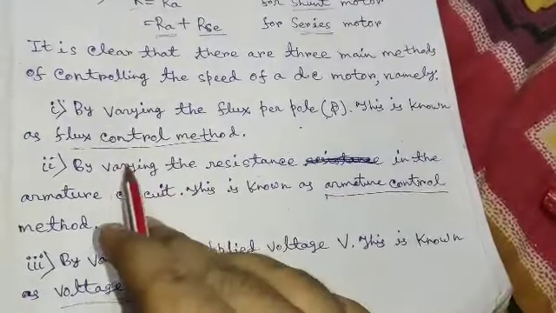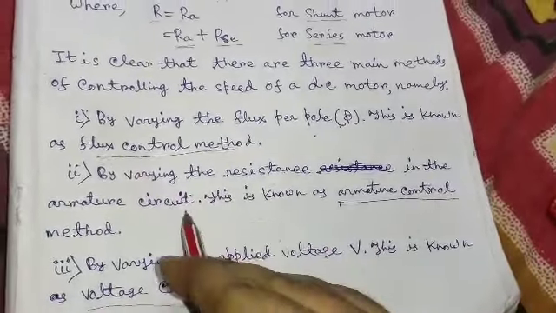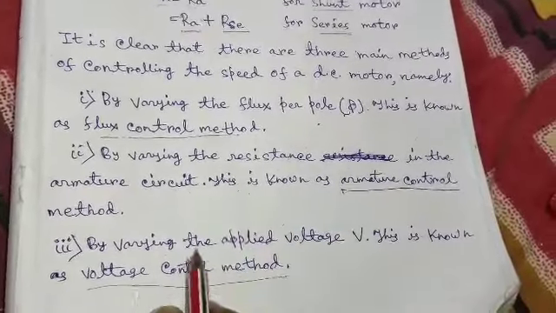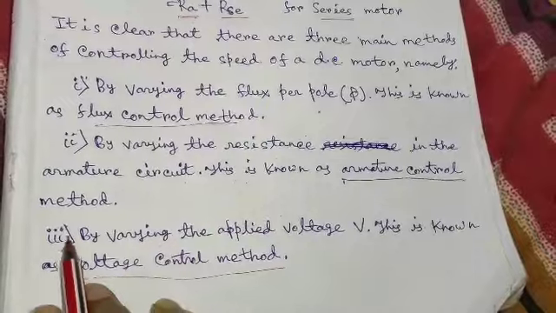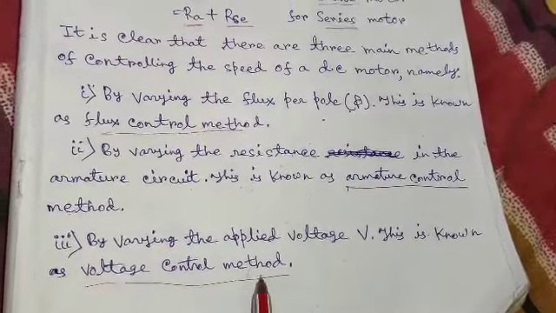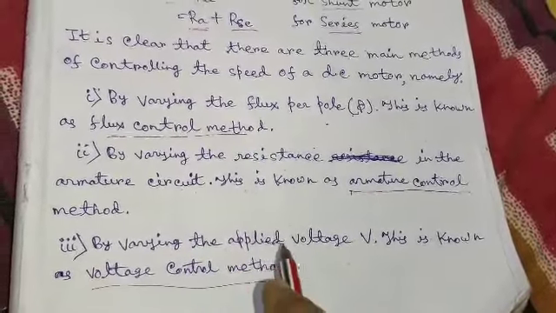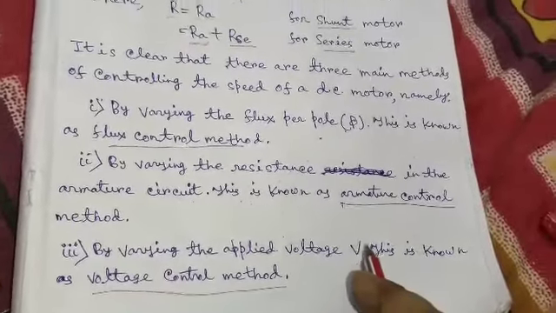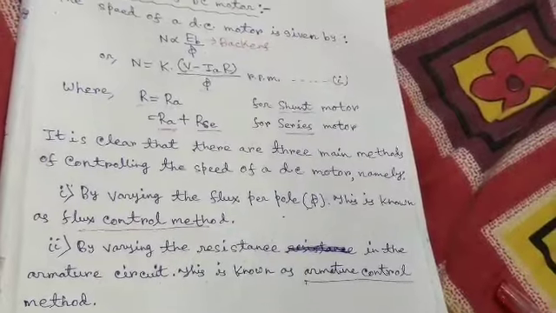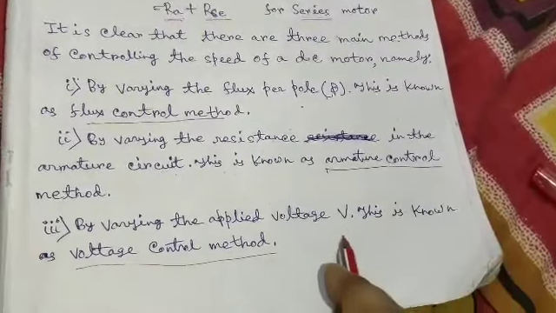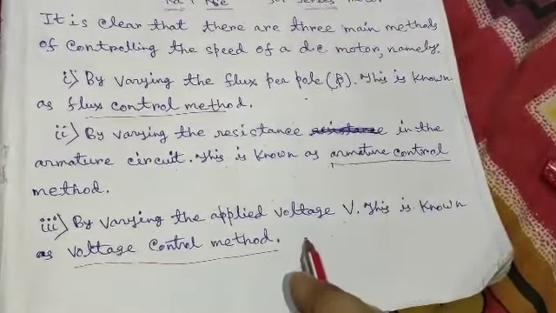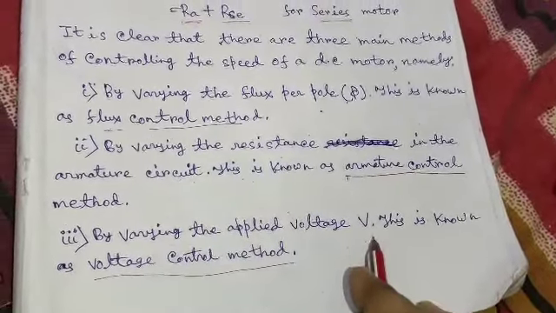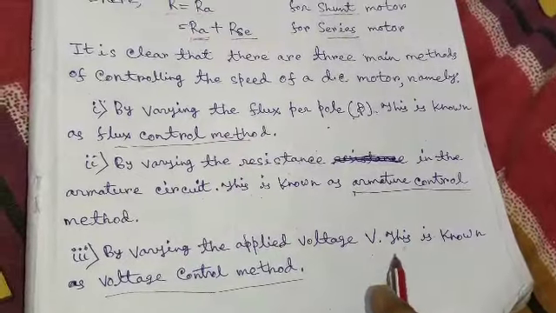Now the third is the voltage control method. We can change the applied voltage V, and by varying it we can control the speed of the DC motor. These are the three basic methods of speed control of a DC motor.